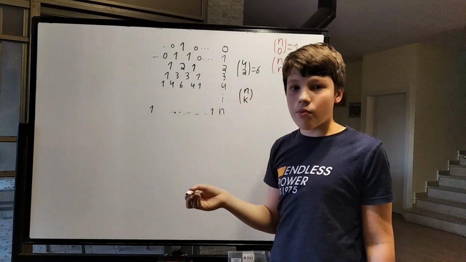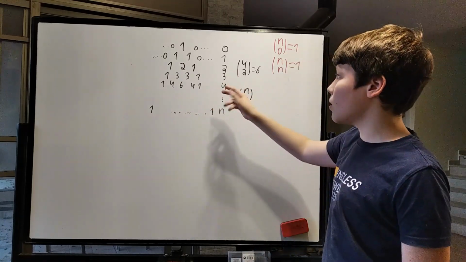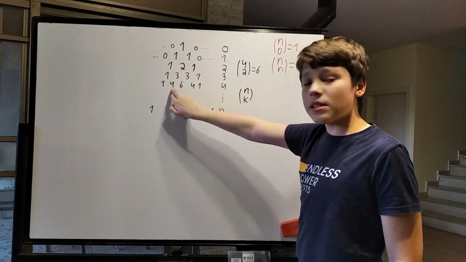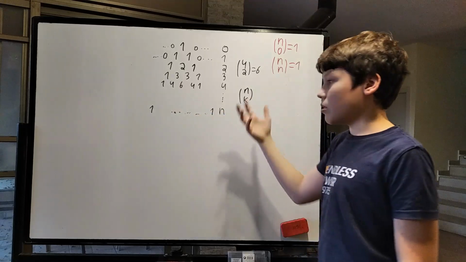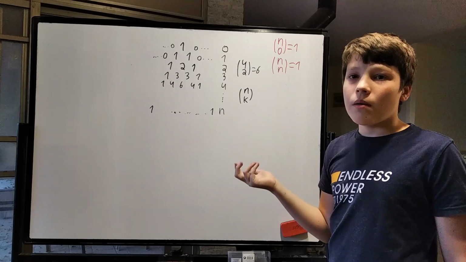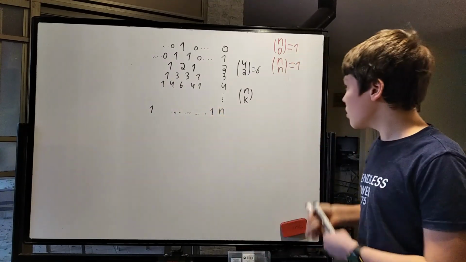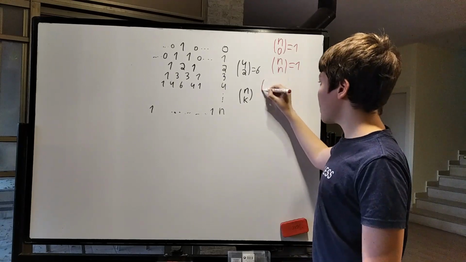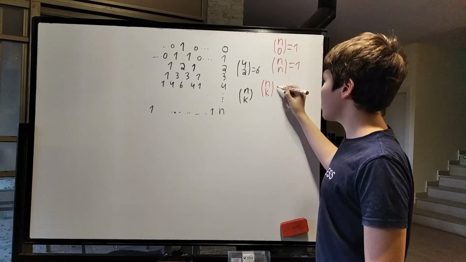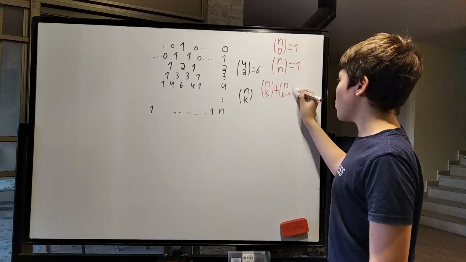And then finally, last property, for how we drew Pascal's triangle by adding these two, say, for example, and get this one. So generalizing it, by definition of the choose function as labeling these numbers, we have n choose k plus n choose k minus 1.